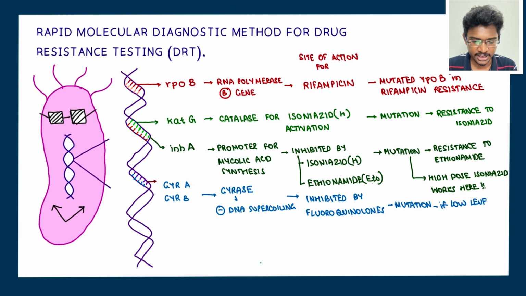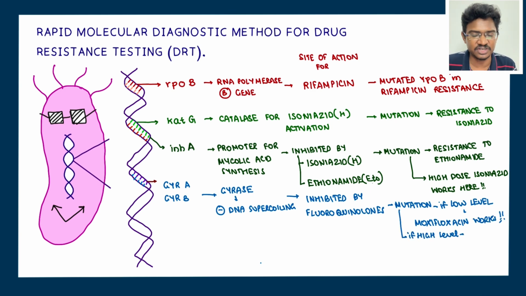If it is a low level of mutation, a higher generation fluoroquinolone like moxifloxacin works. Moxifloxacin, which is a respiratory fluoroquinolone, should be reserved for treating MDR TB, so you should not use moxifloxacin in excess for treating normal respiratory infections. If it is a high level mutation, then it's resistant to everything.